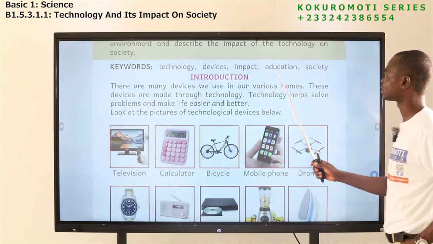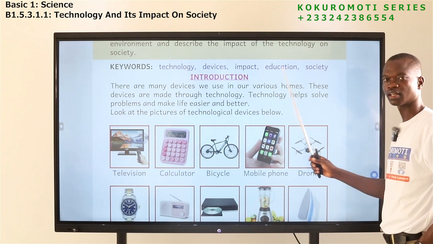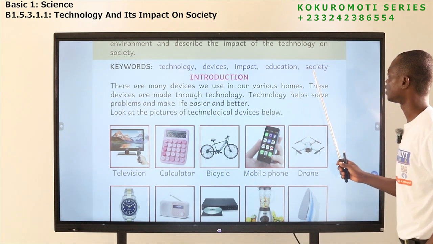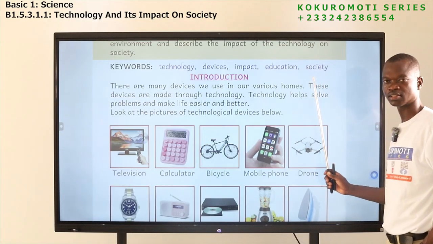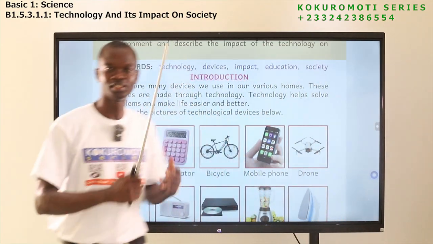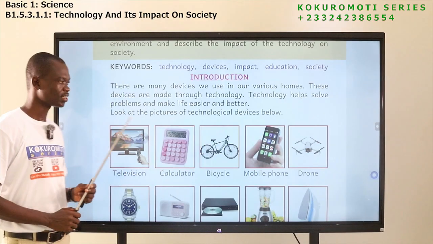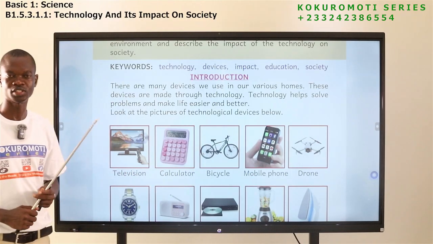The next one is education. The last one is society. So these are words that we will find in this lesson. Let's pay attention. We shall see them and also get to know the meaning of these words.